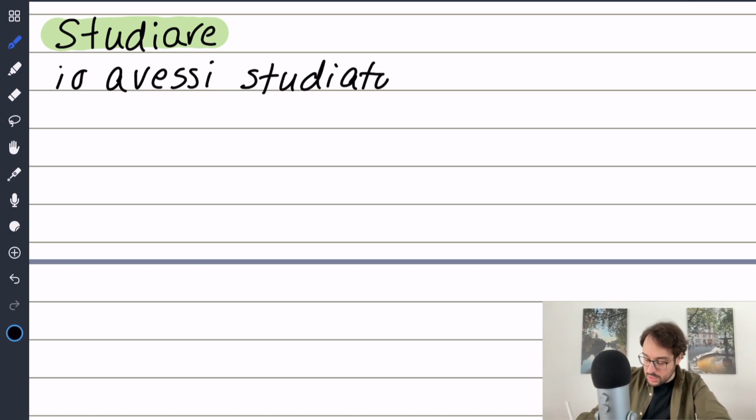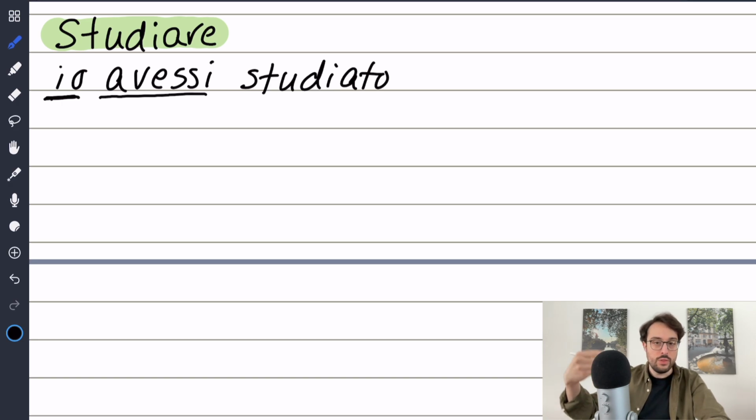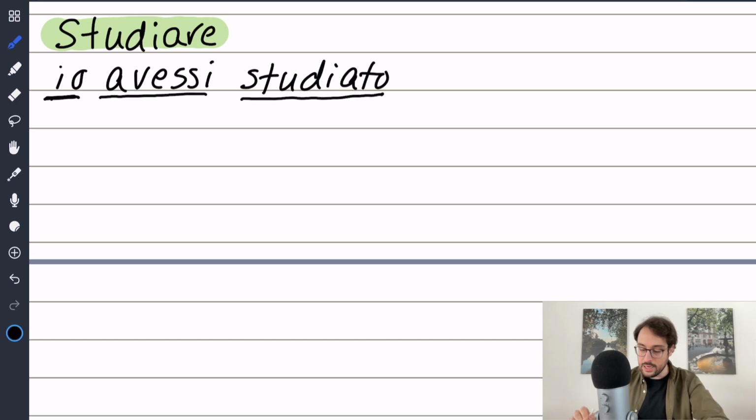Okay. So just to explain how we do this, because it's going to be quite logical going through all of the forms here, we have our auxiliary verb, which gets conjugated based on, obviously, who is doing the action, or you could think of the subject pronoun here. And then studiare is going to become studiato for all of the forms.